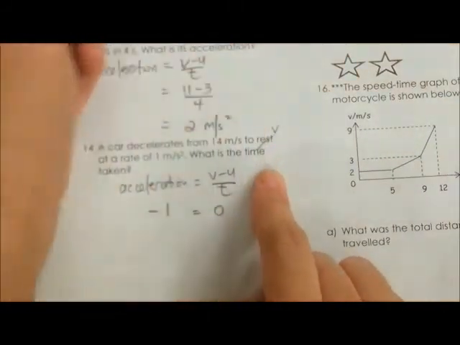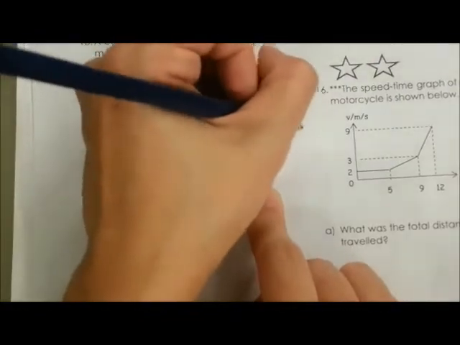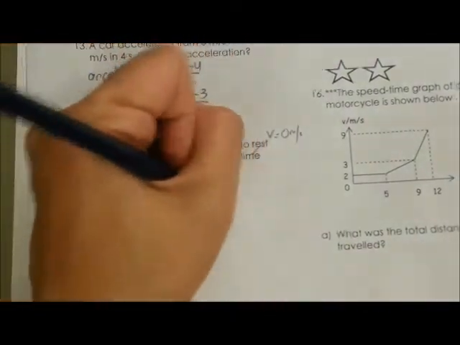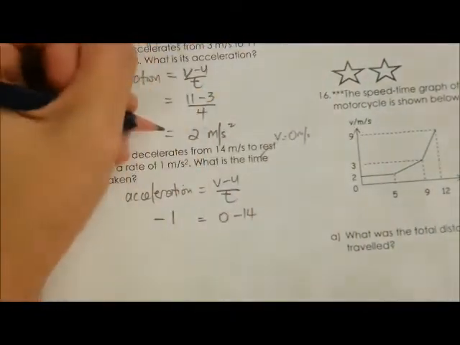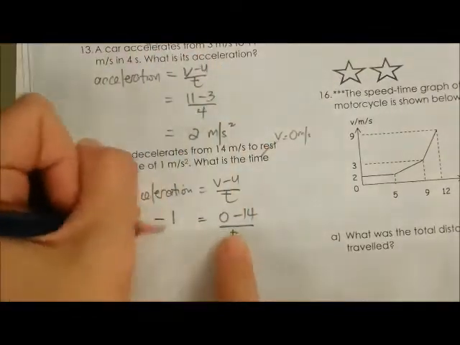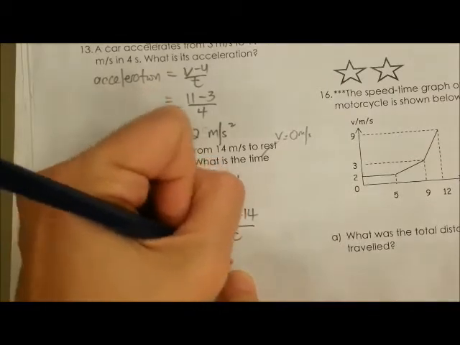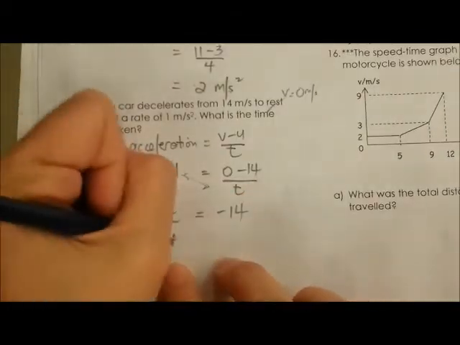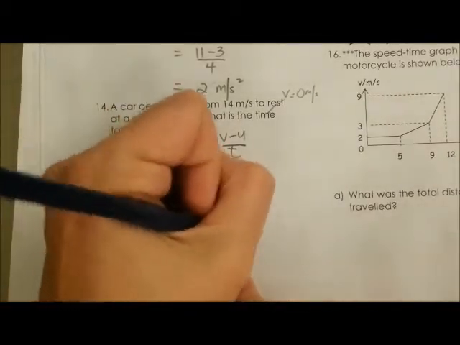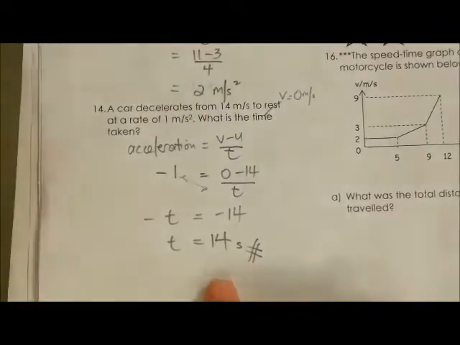So the final is 0. Initial is 14. Time taken is what you need to find. Cross multiply. This becomes minus t, this becomes minus 14. Drop the negative sign. t is 14 seconds.